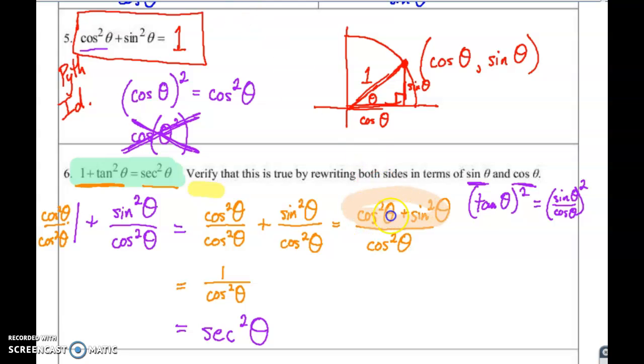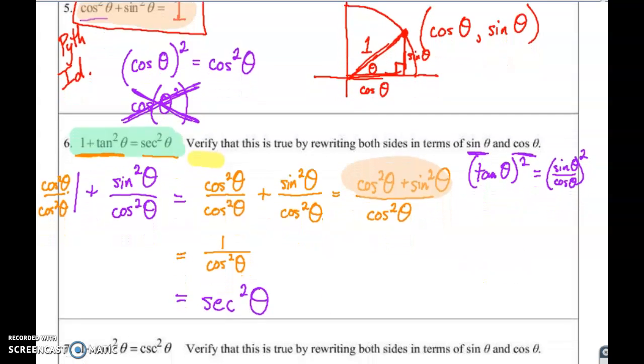This piece right here is equal to this piece up here. Cosine squared plus sine squared is equal to 1. So I can replace what I highlighted with 1. And 1 over cosine squared, because that piece is still here, is equal to secant squared. That's what we'll be doing when we verify in this unit.